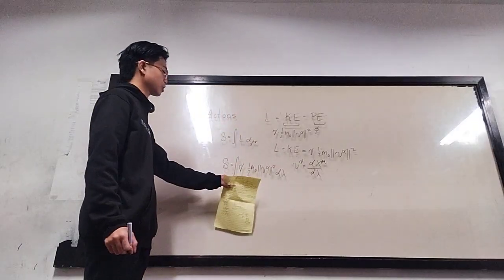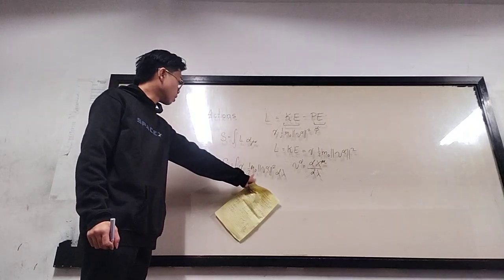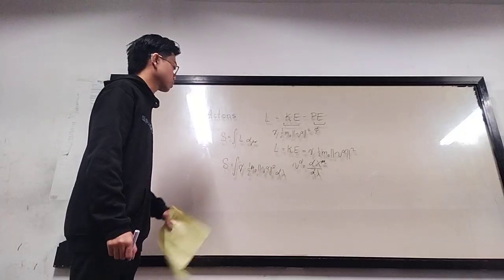So this one here is my action. Now, gamma and 1/2 and the rest mass are constants, so you can pull them out.